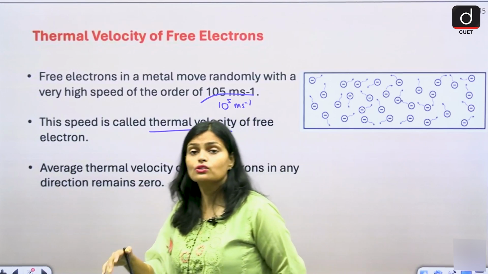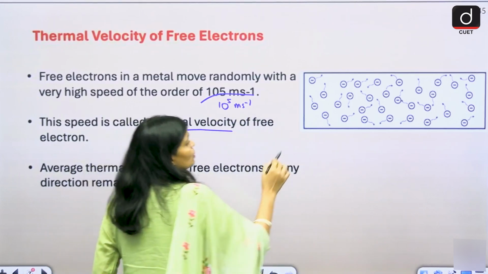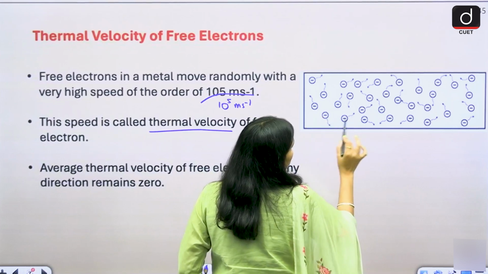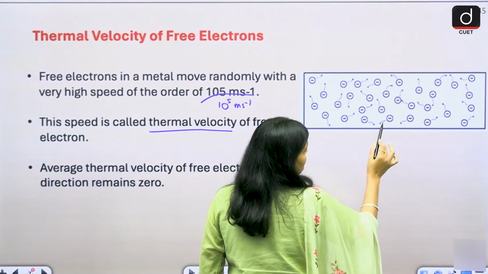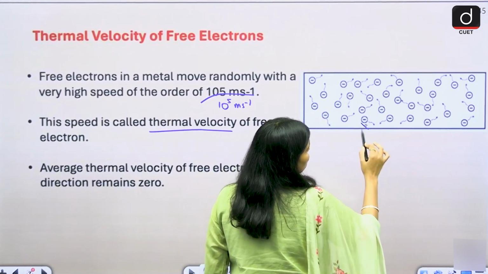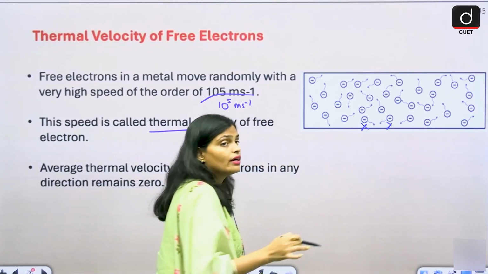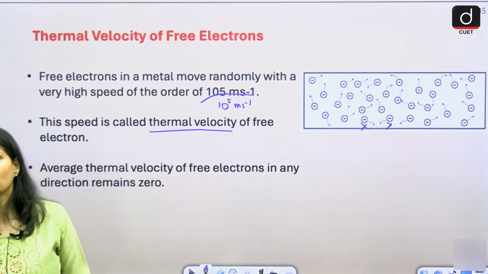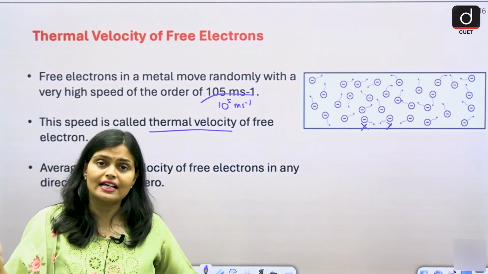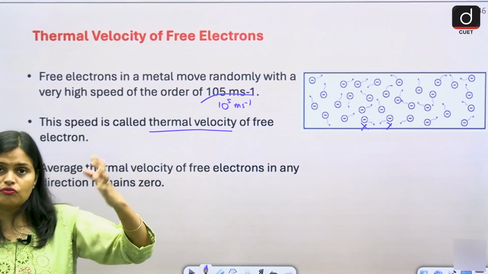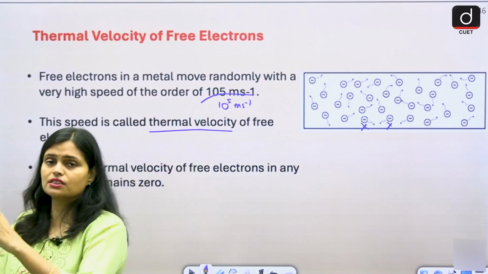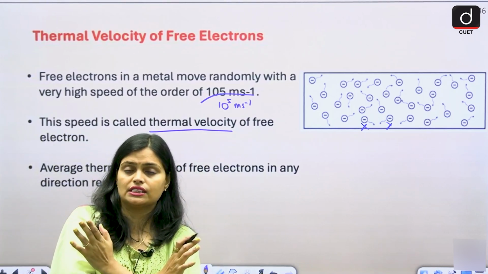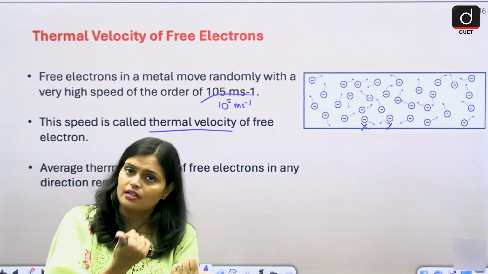Suppose this electron moves in this direction, but that electron moves in that direction, so they cut each other. Few move in this direction, few move in the opposite direction, so the average thermal velocity will be 0.